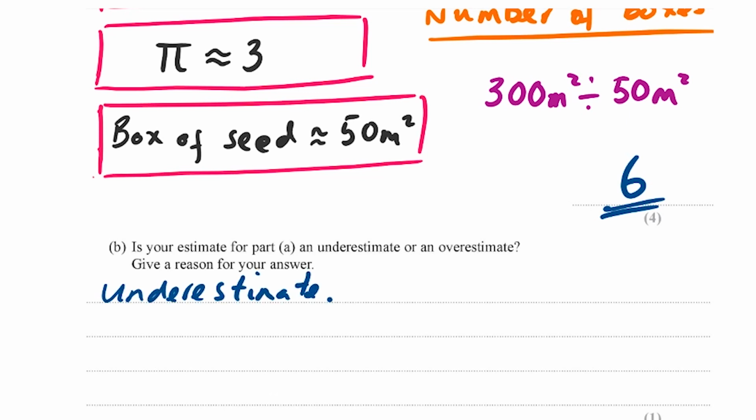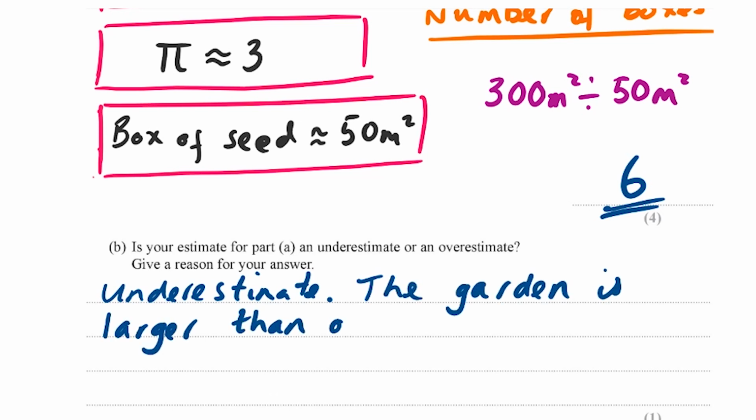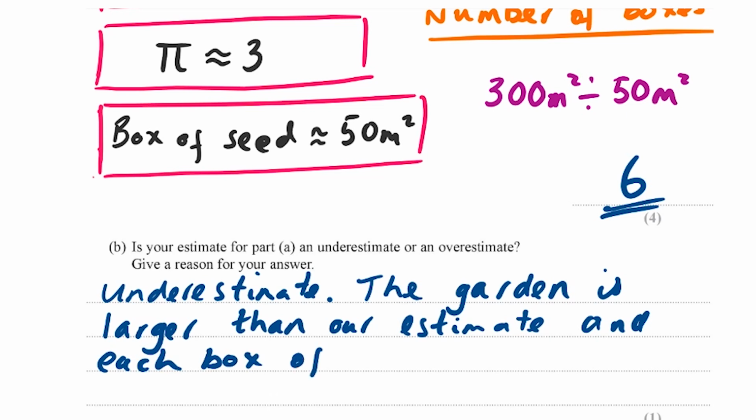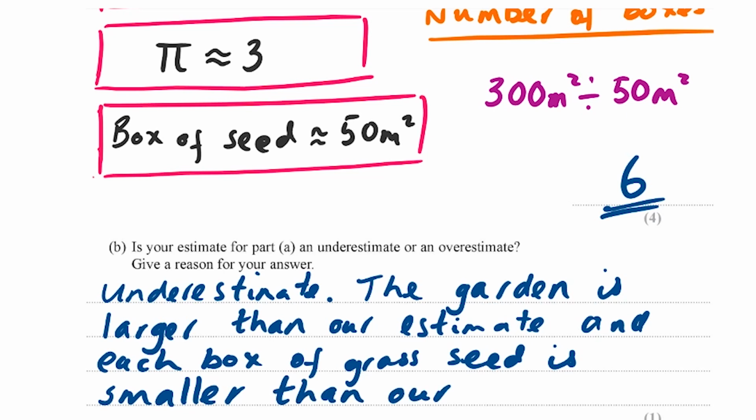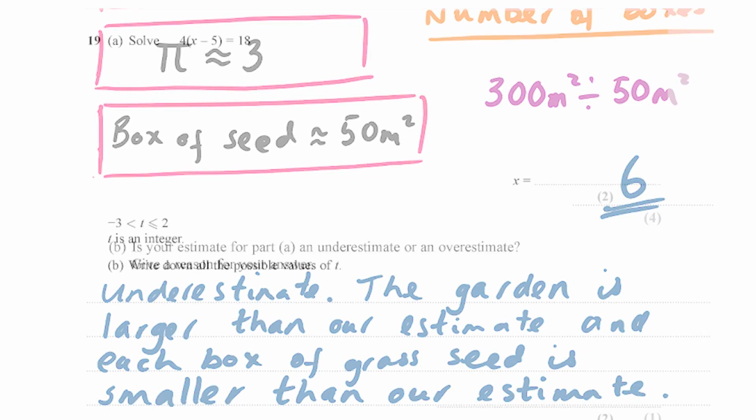These questions can be quite hard to figure out, how are you going to say all of that as concisely as possible. It's not easy, but really they're just looking to see that you understand what's going on. So I would say that it's an underestimate because the garden is larger than our estimate and each box of grass seed is smaller than our estimate. And that will be enough to get the mark for that.